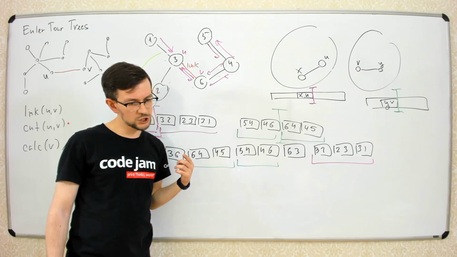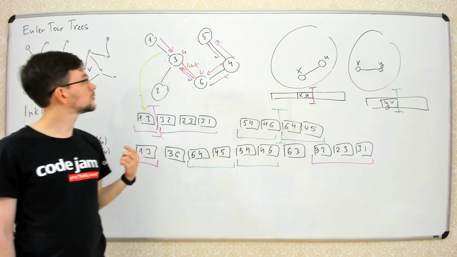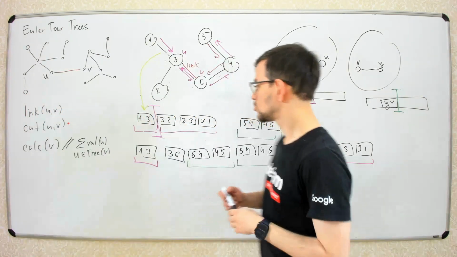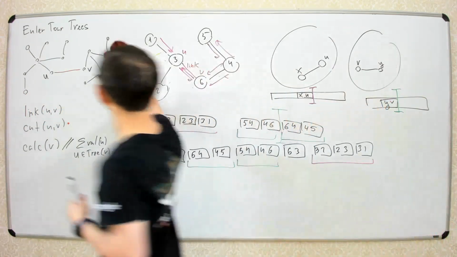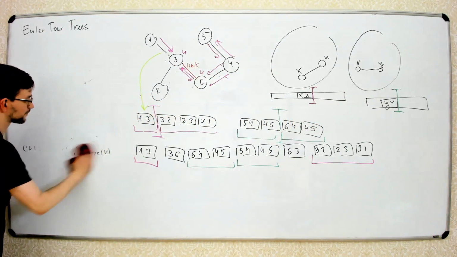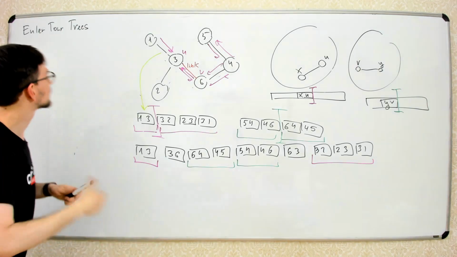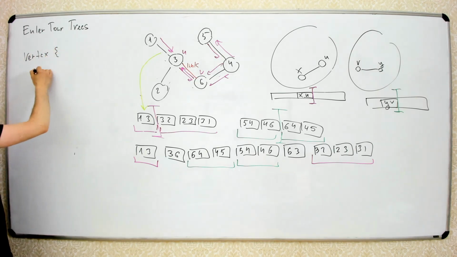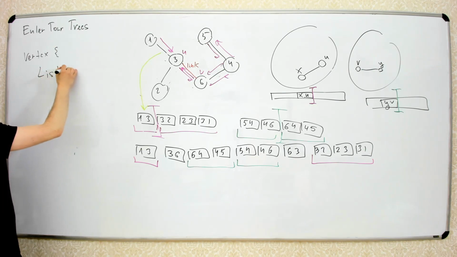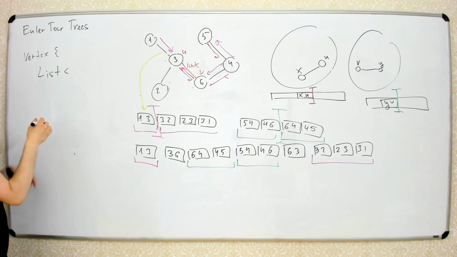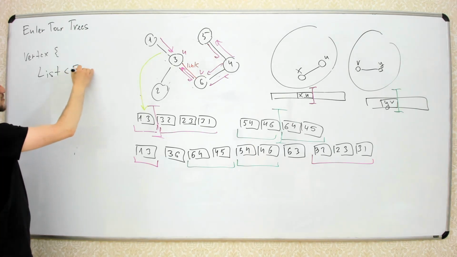You can store all the edges in a map. You don't need this. So you can implement it like this. For each vertex, you have a list of edges. I'll implement it in Java way, mostly. List of edges.